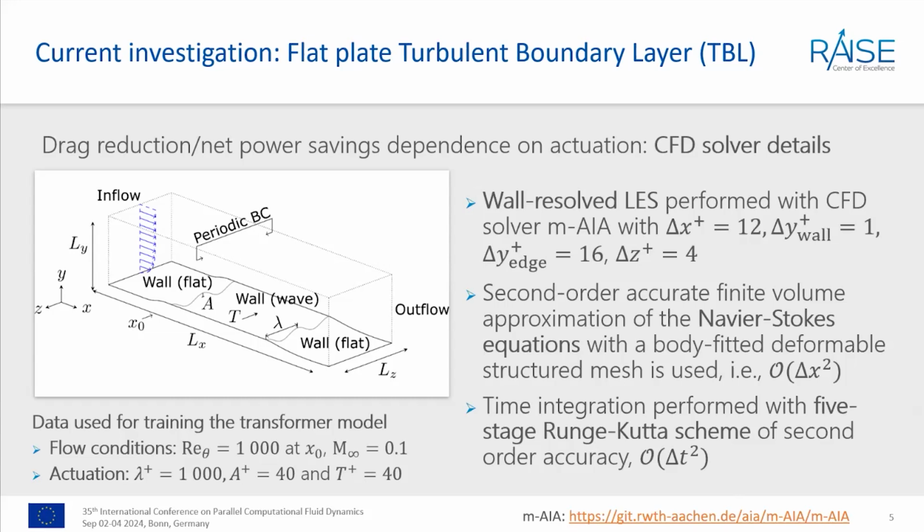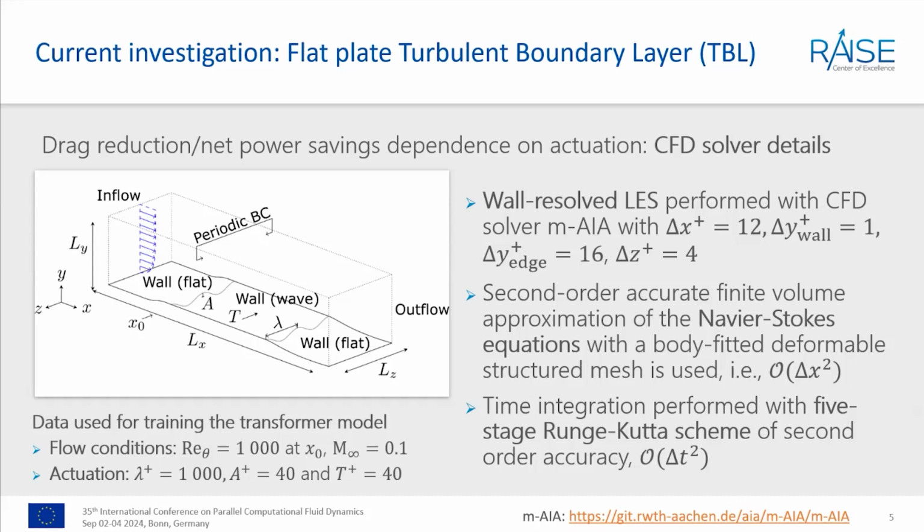The training data for the transformer that we train later is generated with a well-resolved large eddy simulation. These are the resolutions in the three directions, X, Y, and Z. We have a second-order accurate Navier-Stokes finite volume-based discretization with a body-fitted deformable structured mesh, and the time integration is with a 5-stage Runge-Kutta scheme of second-order accuracy.